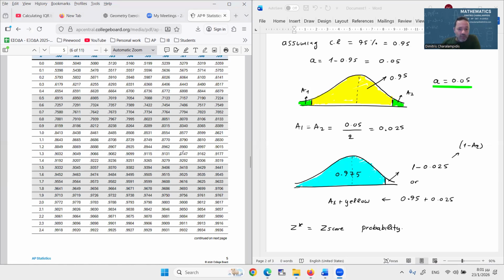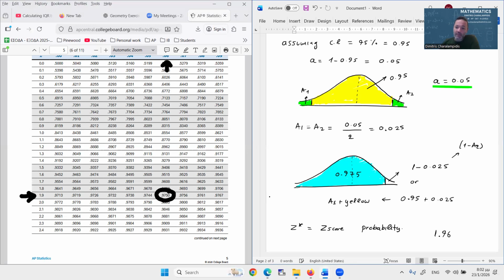0.975. Let me check really carefully. There it is. 0.975. So this can be found in the line of 1.9 on the column of 0.06, which means that the z-score that produces this specific probability is 1.96.